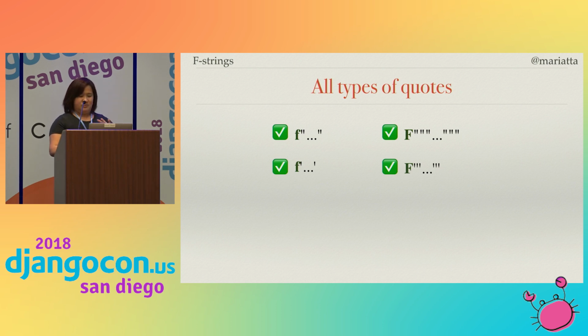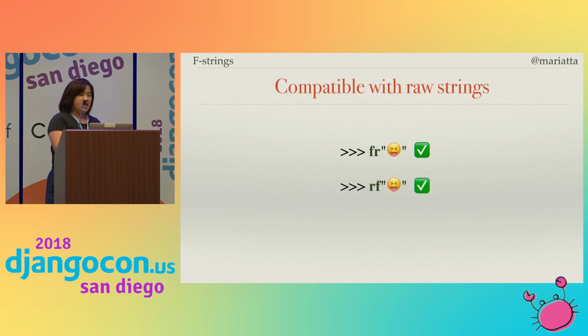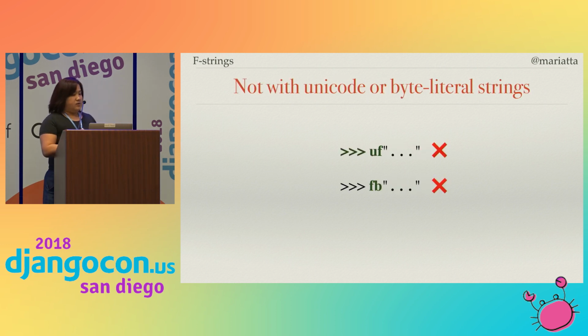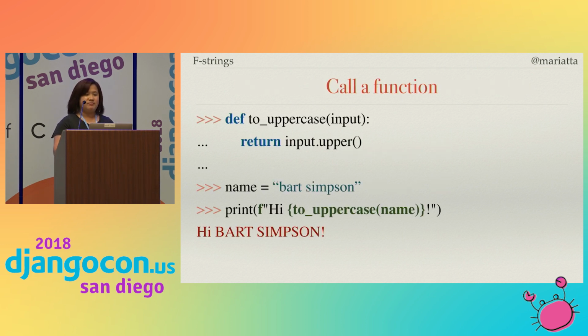All of this works, whichever you like. You can combine it with raw strings into raw f-strings, and you can do it like F and R or R and F, that works. But you cannot combine it with Unicode strings, so you cannot have U and F or the other way around. Not FB or the other way around. That doesn't work. You'll get a syntax error.